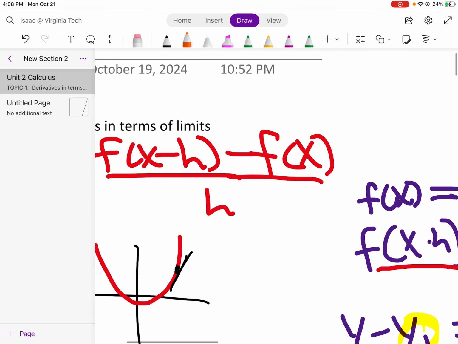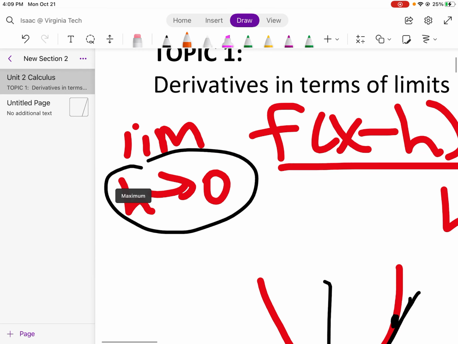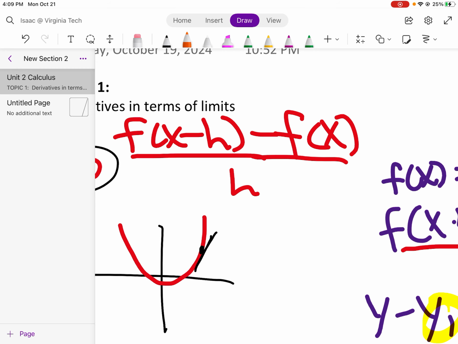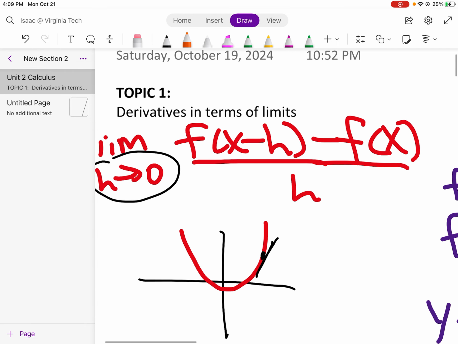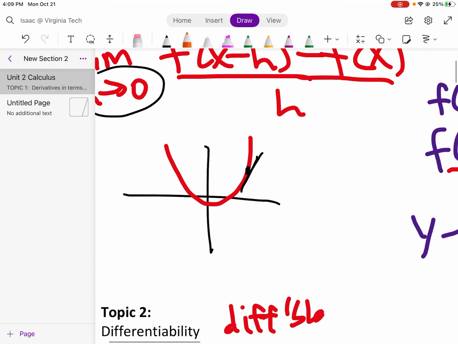You solve, and you're going to end up wanting to cancel out that h in the bottom, right? Because if you plug in 0 for h, you're going to get a denominator of 0. So you have to cancel out that h. It will work. If they give you a problem, it's going to work. So just keep that in mind. You're trying to cancel out that bottom h.